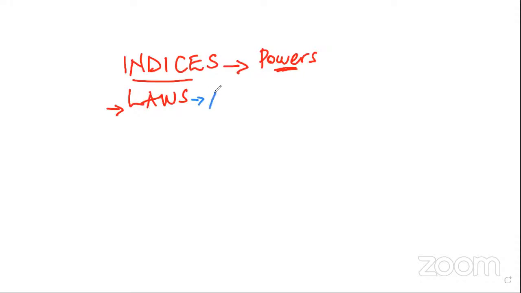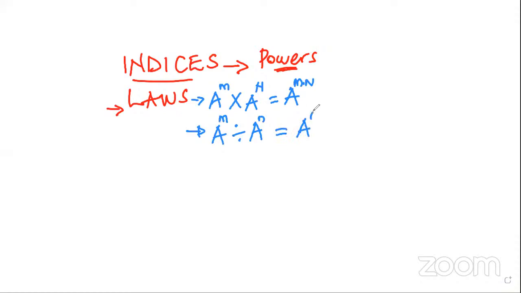For example, if you have a to the power m times a to the power n, you get a to the power m plus n. Then when we are dividing numbers of the same base, we subtract the powers, so we shall have a to the power m minus n.